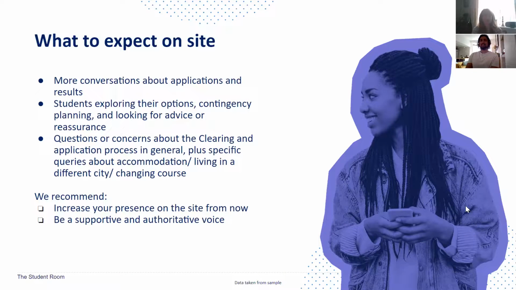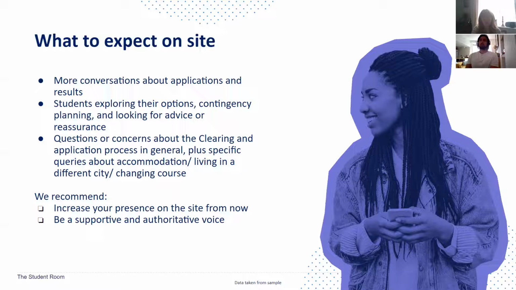So on site, having a look at some of the stuff I've recently spoken about, there are more conversations about applications and results and students really exploring their options, contingency planning, looking for that advice and reassurance. As we have mentioned before, questions and concerns around clearing and the application process in general will be very popular again this year.